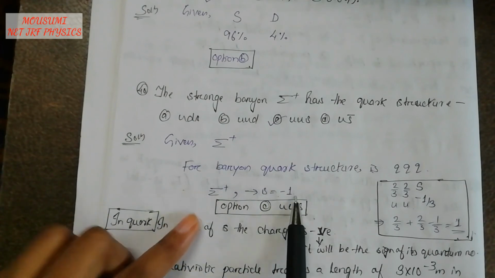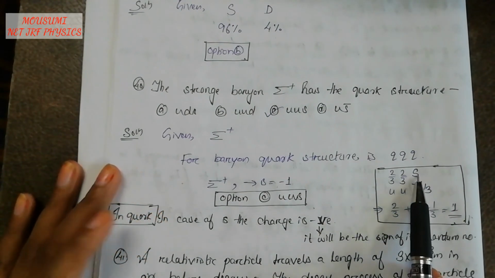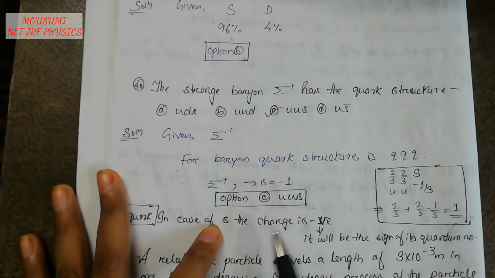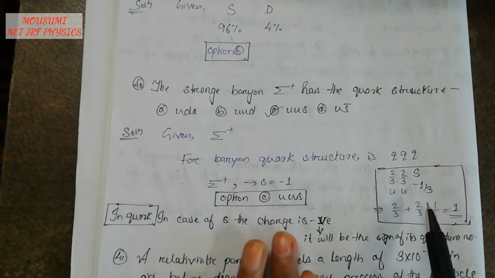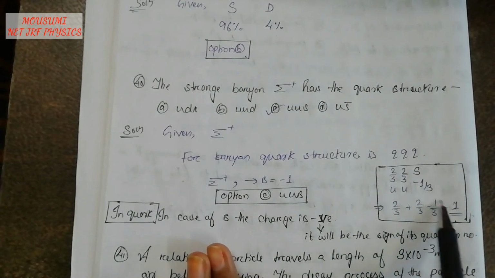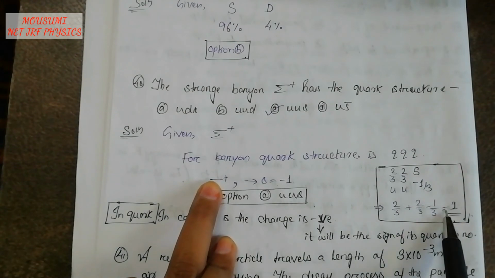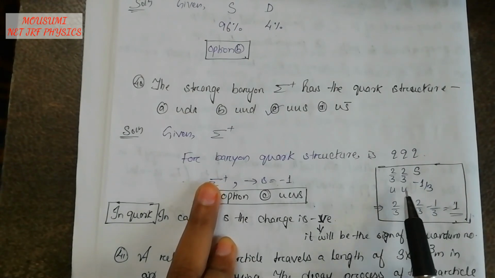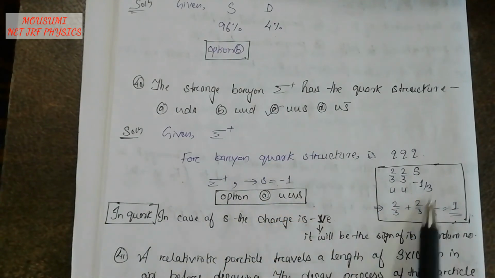So strangeness is -1, so there will be a strange quark, and we are taking 2 up quarks, U and U. In case of S, the charge is negative, -1/3 here. For the 2 up quarks, if you take 2/3 and 2/3, you will get the charge 1, which is the charge here. So the quark structure will finally be U U S. So the correct option is option C. This is very simple.